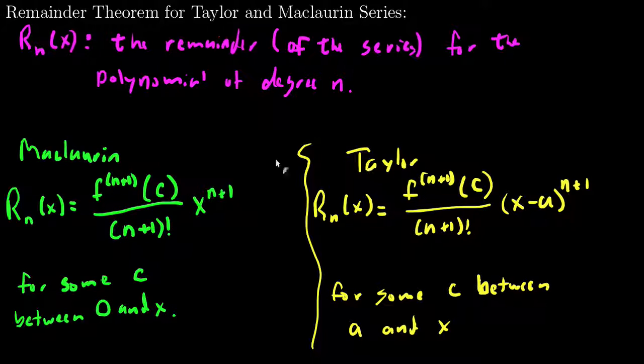So here's what they are, and before I go over a quick derivation of them, just the idea is, in the nth degree Maclaurin polynomial, or Taylor polynomial, we take care of all of the derivatives up to the nth derivative. And that's going to be over n factorial times some sort of nth power of x.